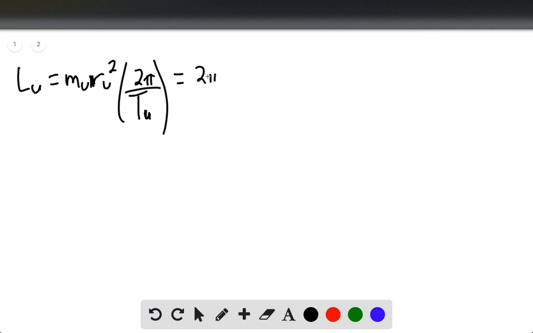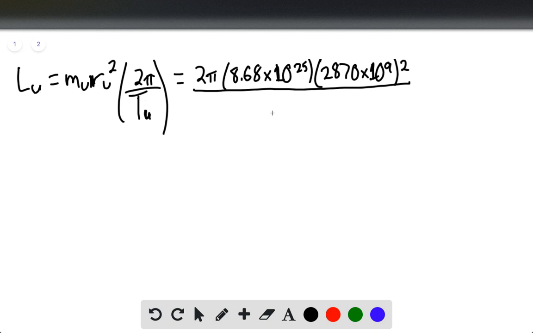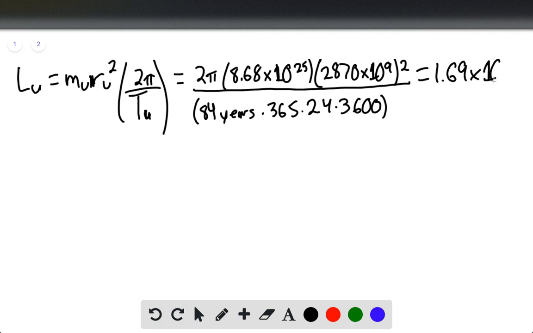So this will be 2 pi, 8.68 times 10 to the 25th times 2,870 times 10 to the 9th squared divided by, this will be 84 years, times 365 times 24 times 3,600, and we're approaching 1.69 times 10 to the 42nd kilogram meters squared per second.